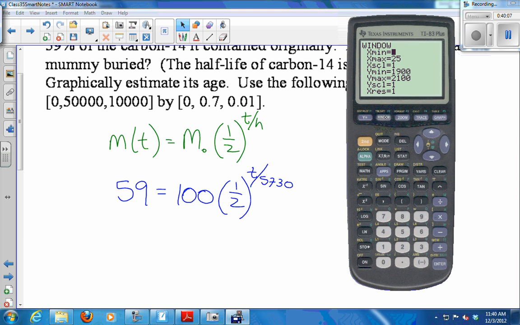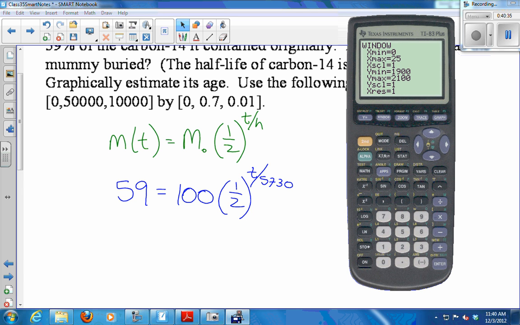The problem gave me a window to work with, but let's just try to think it through rather than using what they told us. Okay, so t is time. How old do you think an Egyptian burial cloth might be? 100 years old?